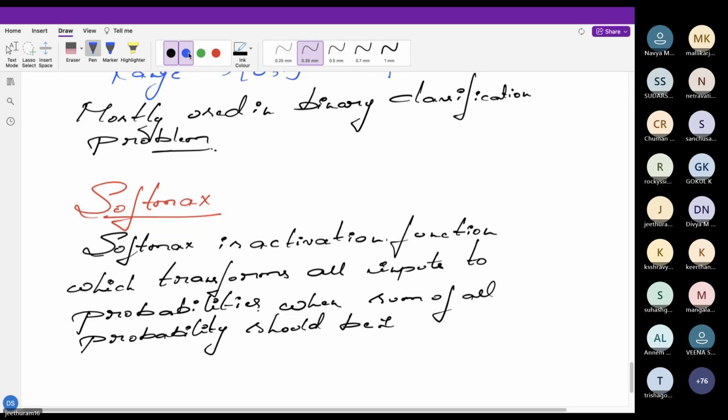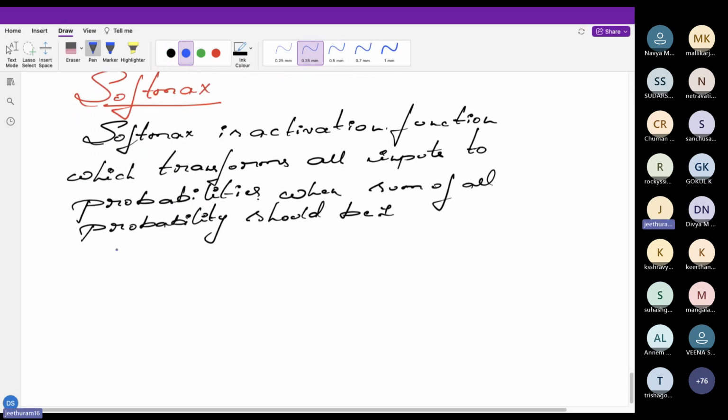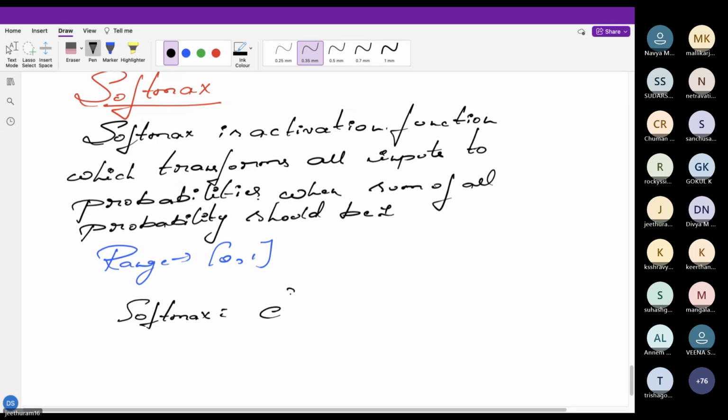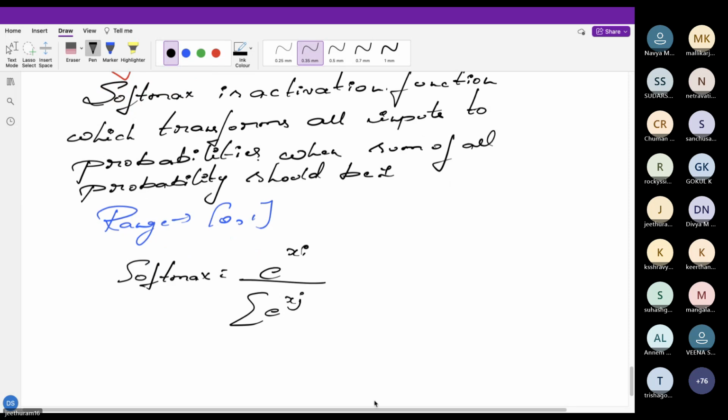Its range is 0 to 1, but it adds all probabilities to 1, and this is the formula it uses.